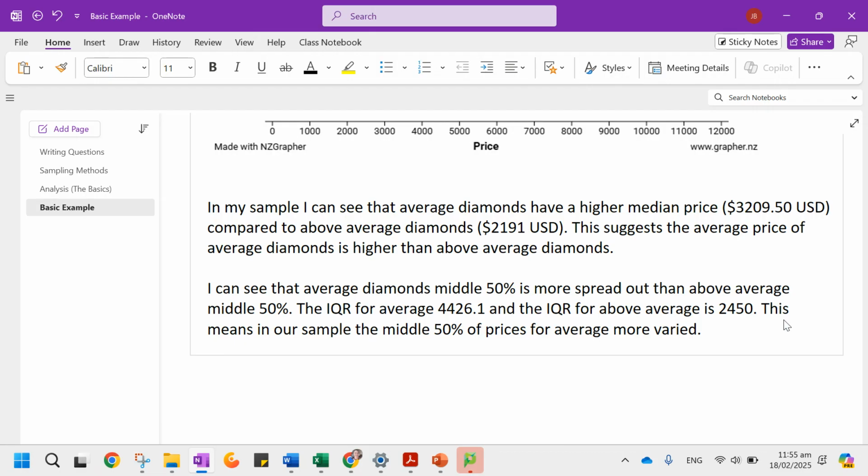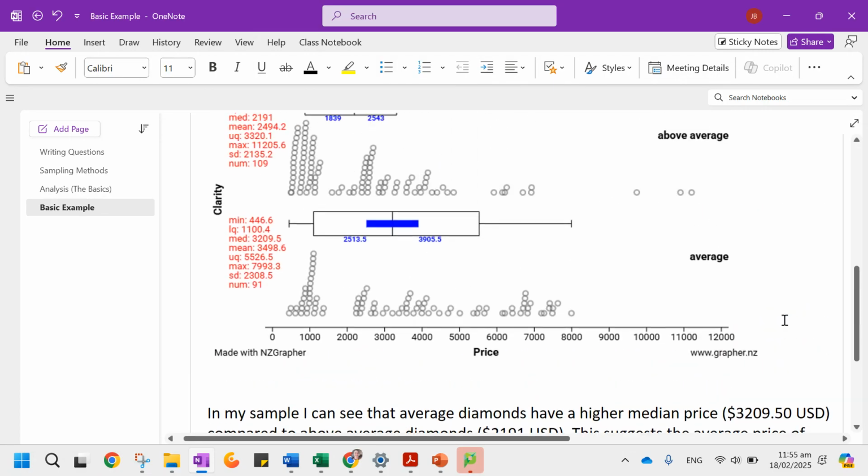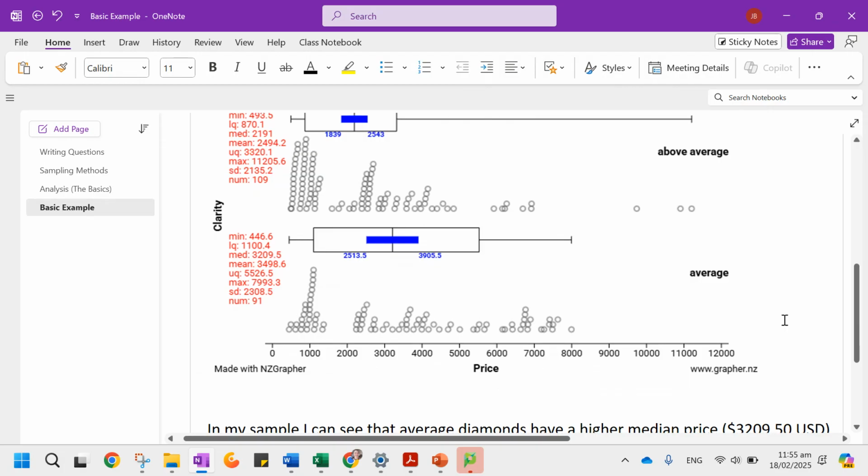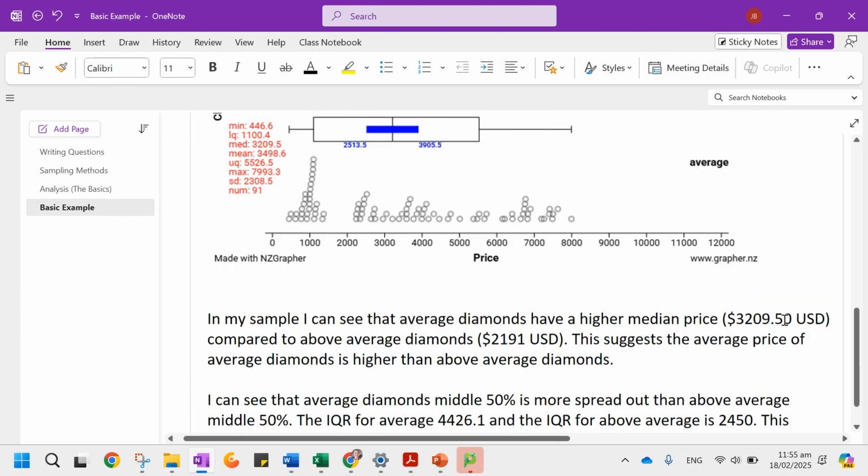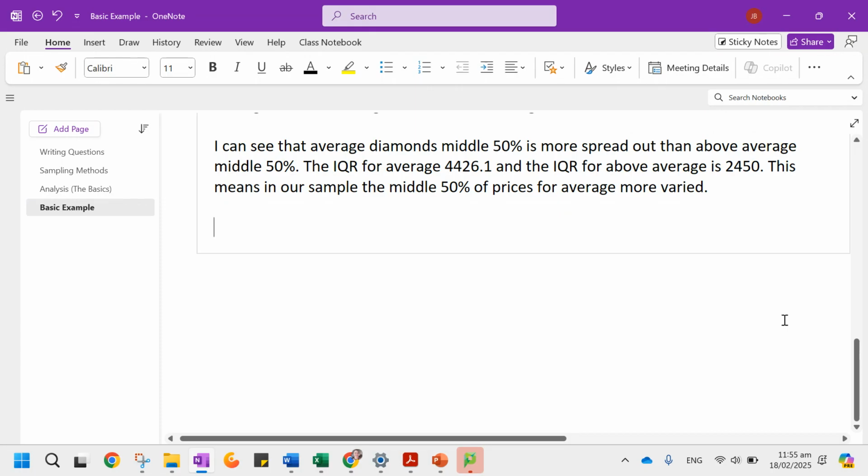Now we can jump in and start writing our conclusion. Okay. First thing we do is we talk about the confidence intervals. If you want to put titles as well, you can, but you don't have to.